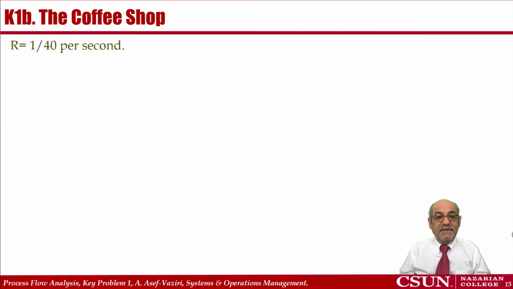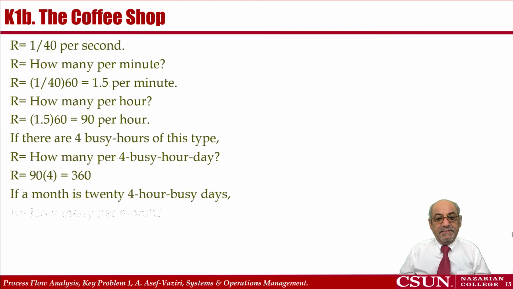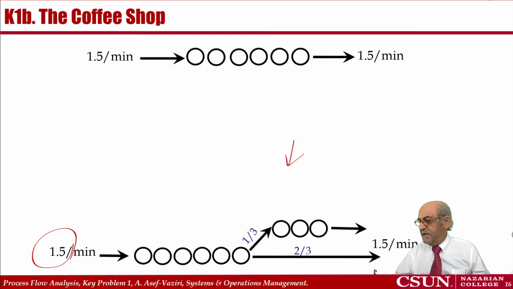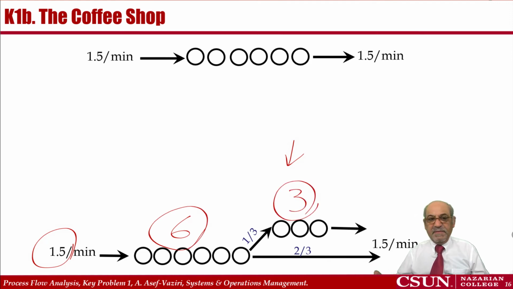Now we have a different system. We have this system. Customers coming at the rate of 1.5 per minute. We have 6 people here, and we have 3 people here.